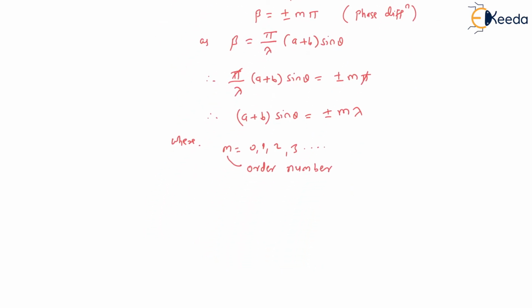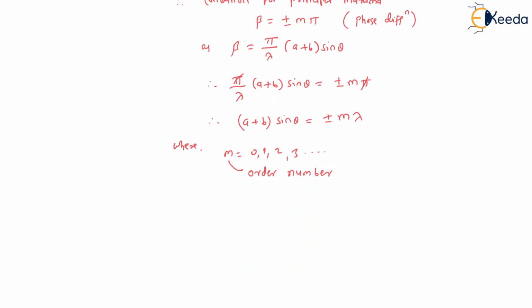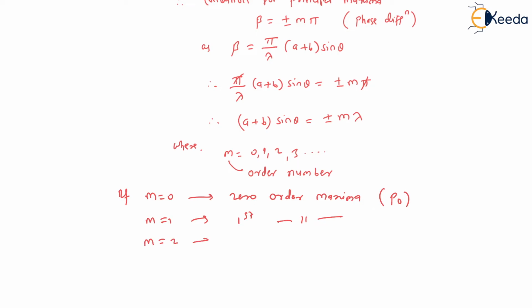Order number means, if m is equal to 0, it will be zero order maxima, and this zero order maxima is nothing but P naught, that is the central maxima. Similarly, if m is equal to 1, then it will be first order maxima. In the same way, if m is equal to 2, it will be a second order maxima, and so on.